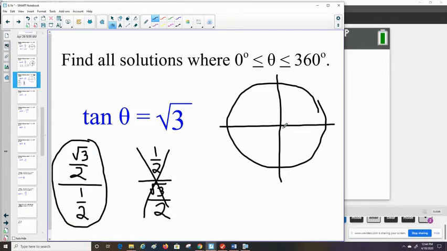So that means we must be looking at the tall, skinny one, because the sine value is square root of 3 over 2, and cosine is 1/2, or possibly both negative if I'm in the third quadrant. So angles between 0 and 360, I've got 60 degrees here, and then all the way around 60 degrees past 180 brings us to 240.